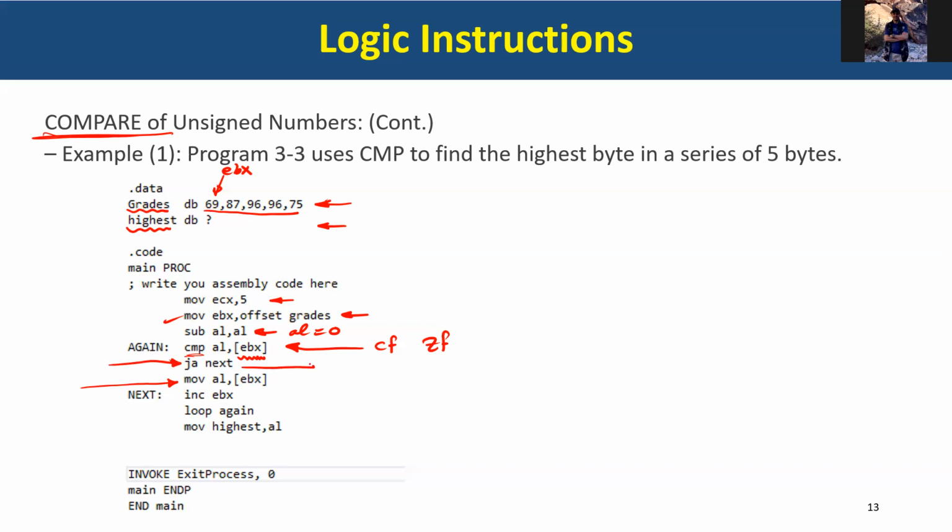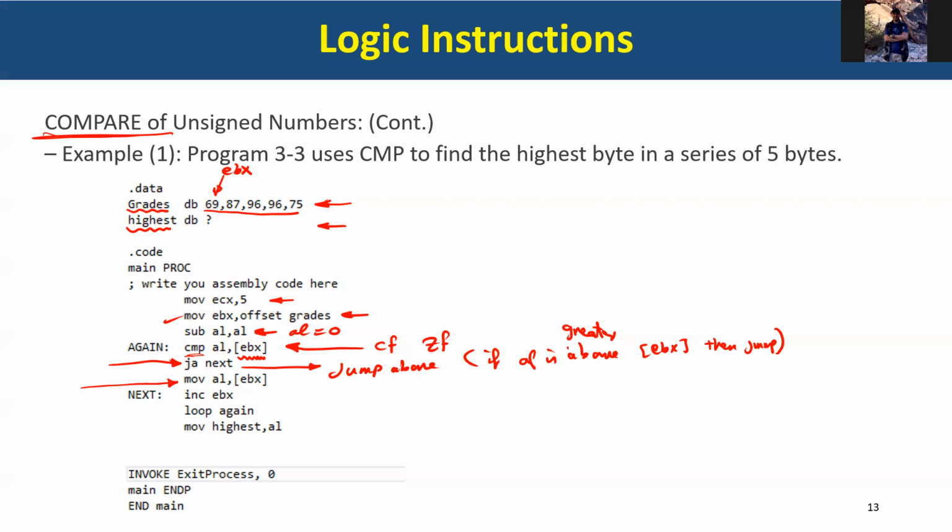Jump above means if AL is above, or greater than, what's in EBX, then jump.